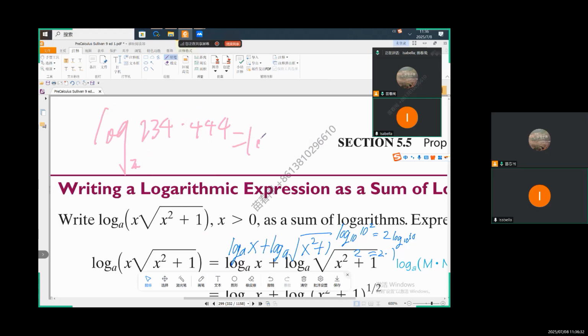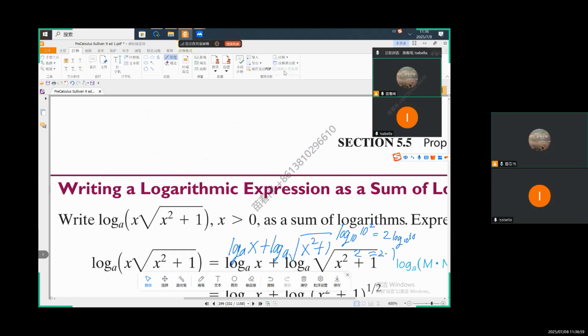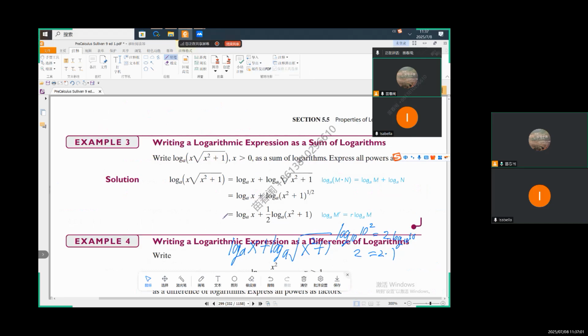If this is a big number and somehow it becomes 34 plus 2 and 444, this is much easier. Calculating this is huge, and talking about the entire thing is even more difficult, but this one is easier by comparison, right? That's why the sum of logarithms is a big thing. It saves quite a lot of calculation.